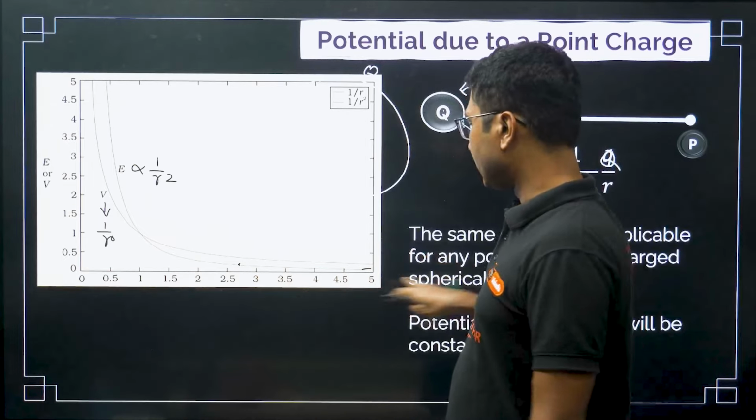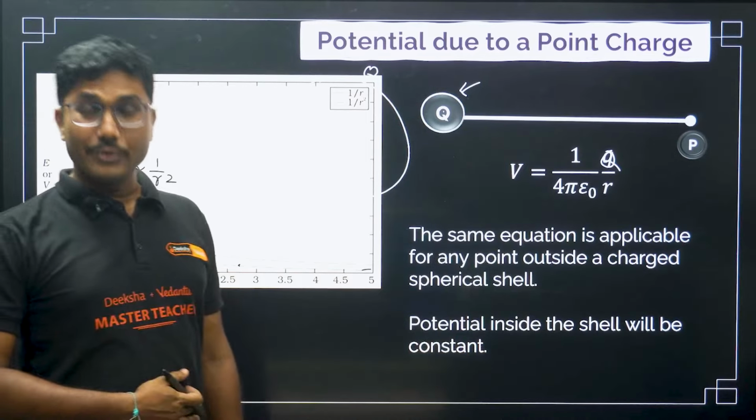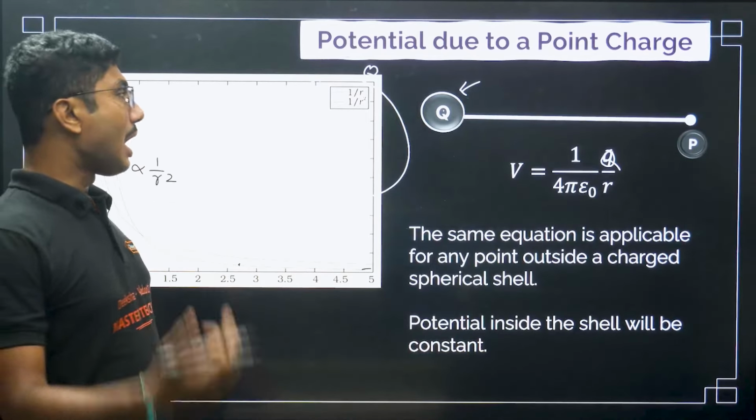If you stretch the graph, they will meet 0. So 1 upon R square goes to 0 quickly compared to 1 upon R.